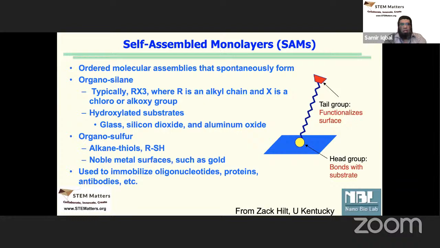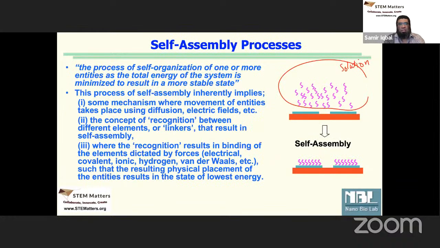This is a very well used way where we put molecules down, for example nucleic acids, DNA, proteins, or antibodies. What we achieve with a self-assembled monolayer is that we can functionalize surfaces to have specific properties.